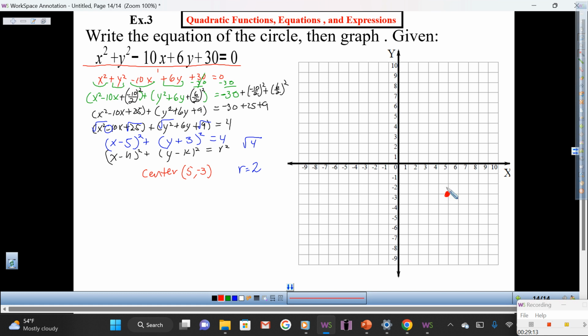Equidistant from the center in all directions. What's the distance? 2. So watch. Start at the center. 2 steps up, place a point. 2 steps to the left, place a point. 2 steps down, place a point. 2 steps to the right, place a point. And then make your circle.